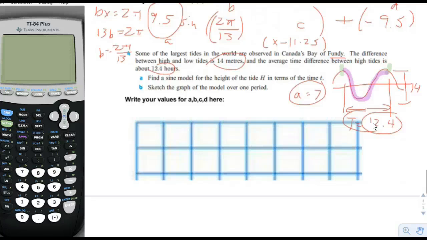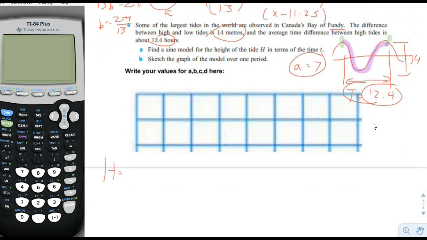So let's see. That would be h equals a sine of b times t minus c, plus d. And so we know that a is 7, because we already found that.